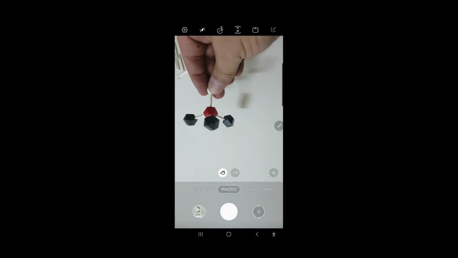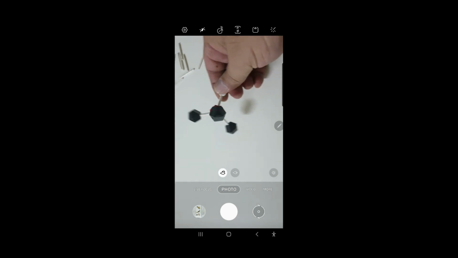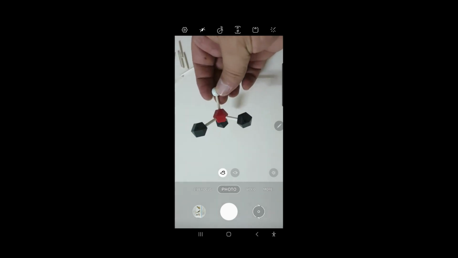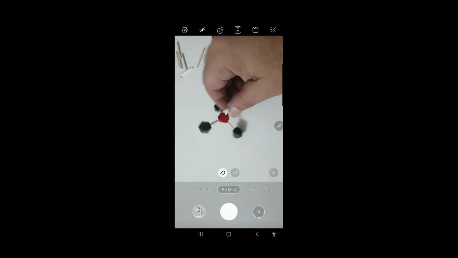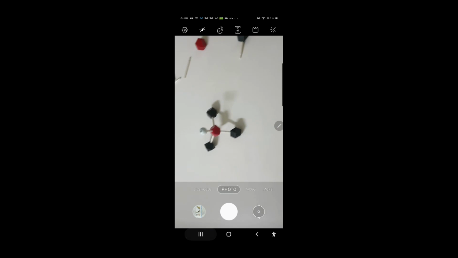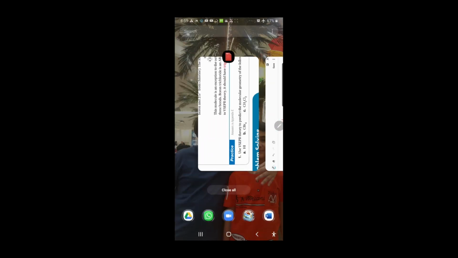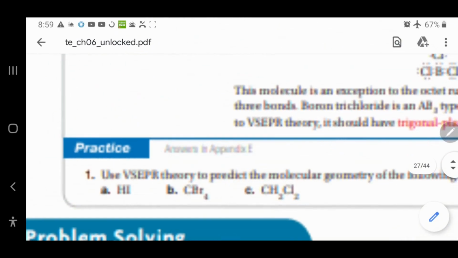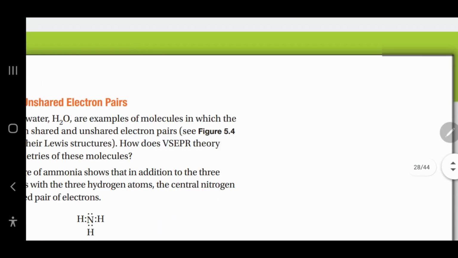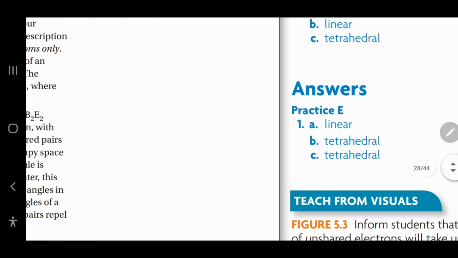And remember that, guys, we are talking about 3 dimensions here, which is something different than the 2 dimensions. So we will have the shape finally. So this is what happened when we talk about the ammonia molecule, which is NH3.